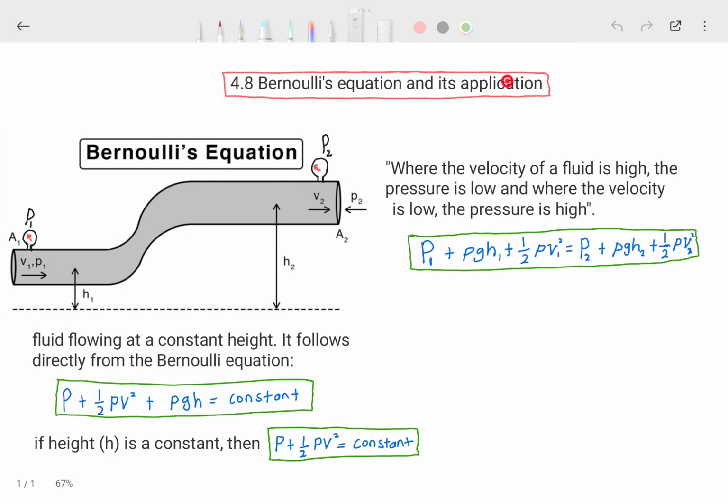Before we start, let's introduce the meaning of the Bernoulli principle. If you look at this diagram, this is a pipe with two different heights, H1 height 1 and H2 height 2.